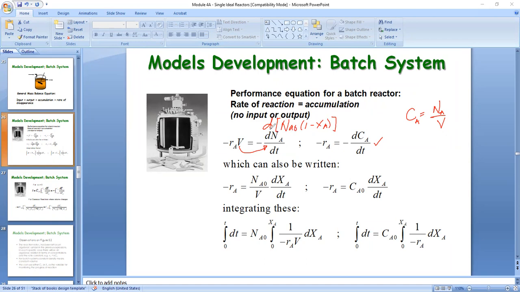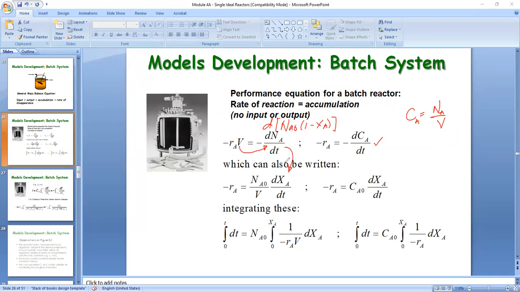Now, if you do the differentiation of this expression, it would be something like this, right? Because N_A0 is a constant, the derivative of a constant is 0. So you'll get the derivative of X_A, which is dX_A. It's negative, and this one is negative, so that makes it positive in here. The V is still written below. So from this one, you'll have this.